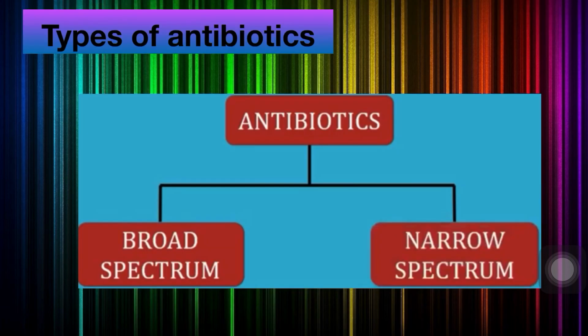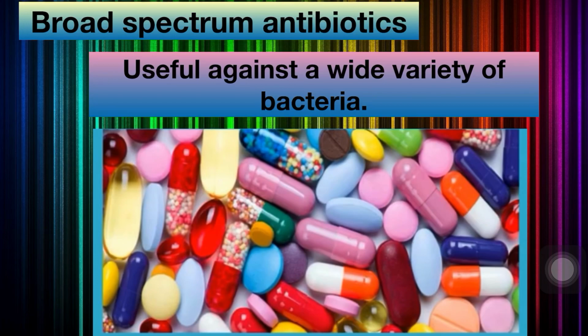Student, there are two types of antibiotics. One is broad spectrum and the second is narrow spectrum antibiotics. Some antibiotics are useful against a wide variety of bacteria, so they are called broad spectrum antibiotics.